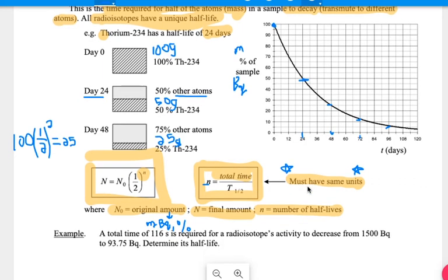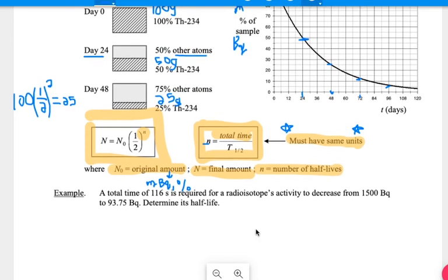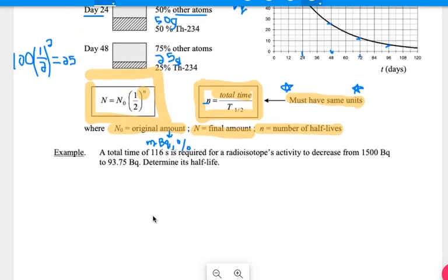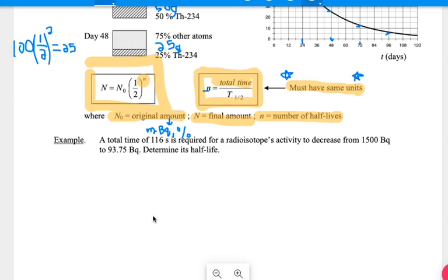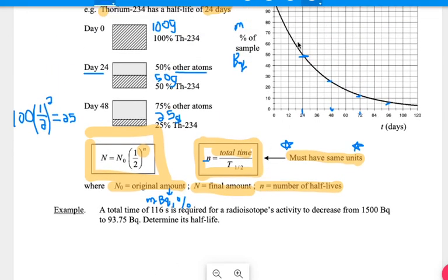All right, so that's all I got for you, other than this example that will be posted separately. Mr. Holloway went through it and explained nicely the two methods. The first one would be guess and check, using this logical approach and our graph to estimate the number of half-lives, and plugging in our estimations, our guess and checks.